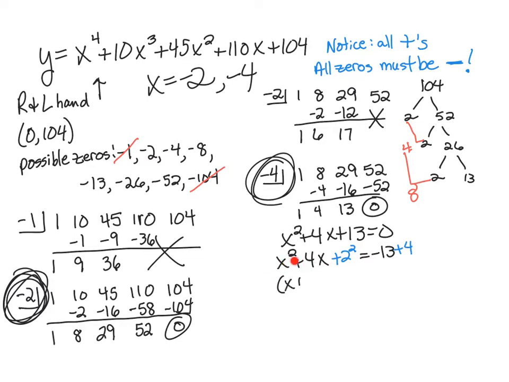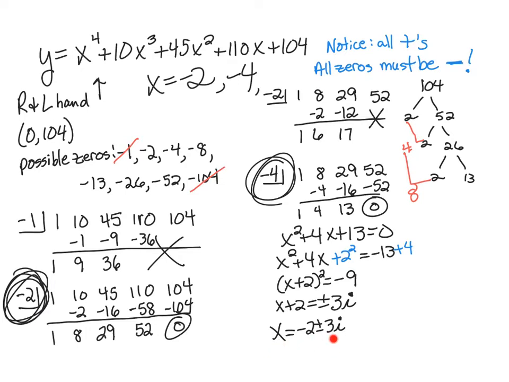This is now a perfect square, x plus 2 squared. This is going to be -9. Notice that I have a square equals a negative number, which gives me complex answers. Square root both sides, don't forget plus or minus, and don't forget the i because you're taking the square root of the negative. Move this 2 over to the other side, and I get 2 complex zeros.